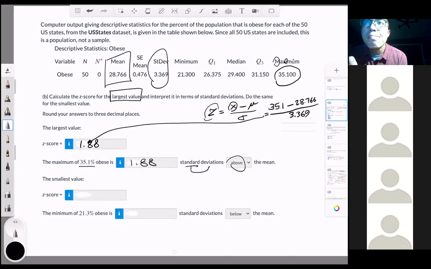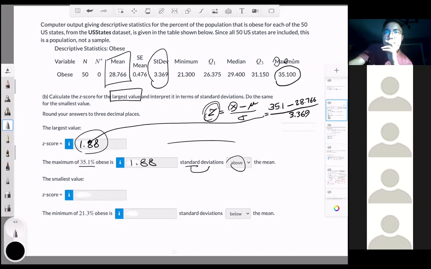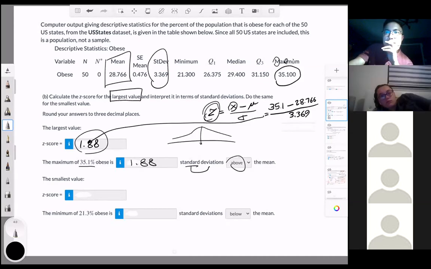Anyway, that's how we calculate the z-score, and z is 1.88. The z-score tells us how many standard deviations above, if it's positive, or below. What about the smallest value? The z-score for the smallest value is 21.3 minus 28.766 divided by 3.369.